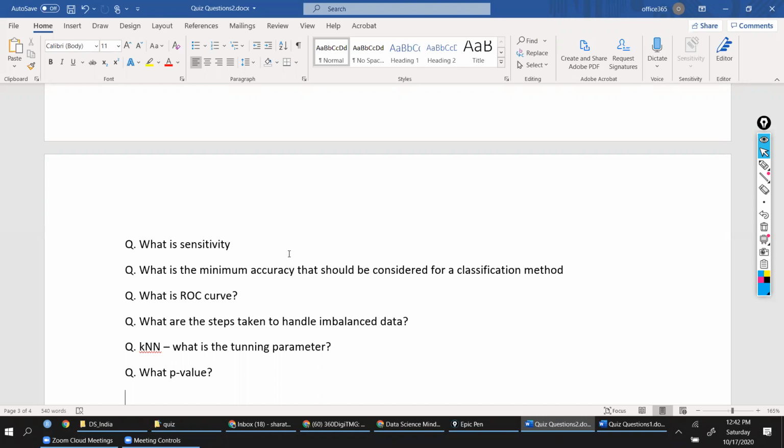Now, when you're trying to estimate the result, what is the chance of you going wrong in estimating? That is what p-value is all about. It is the chance of going wrong. That's your p-value, which is known as significance level or significance value. Next.